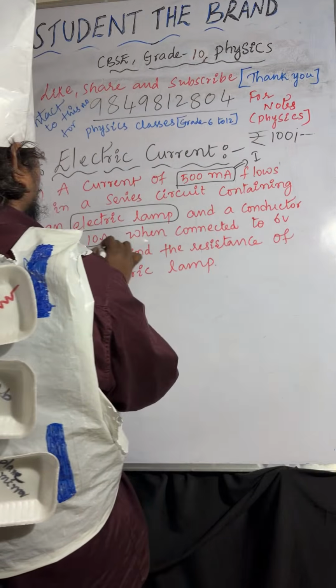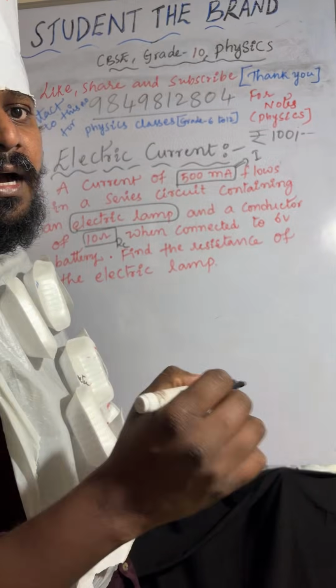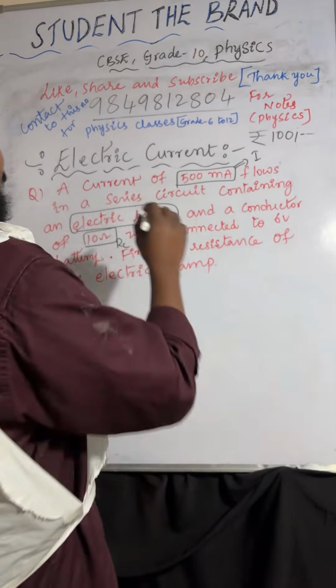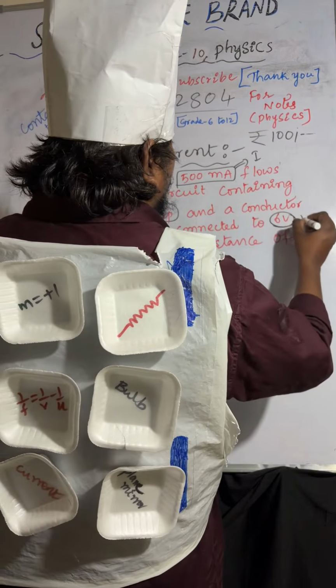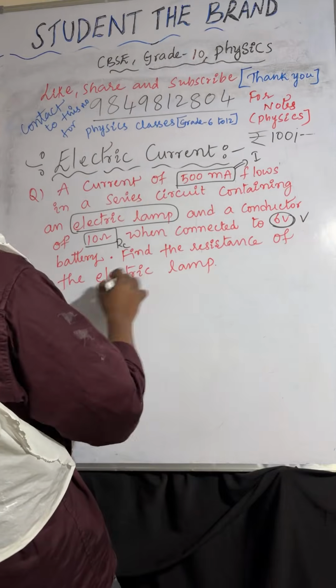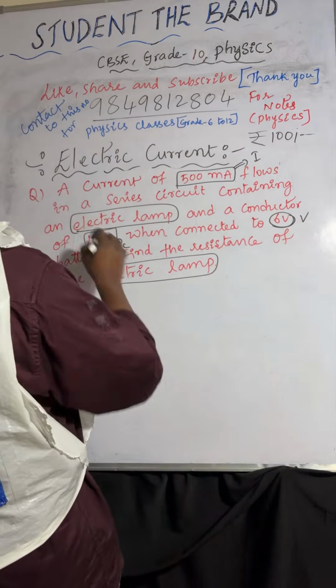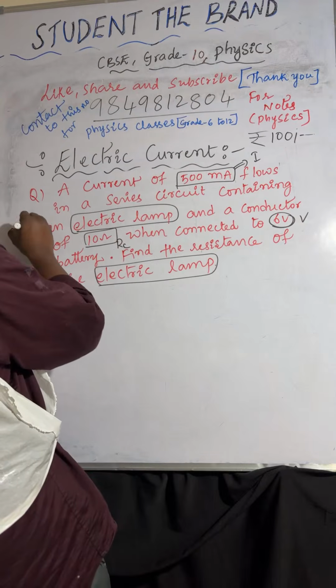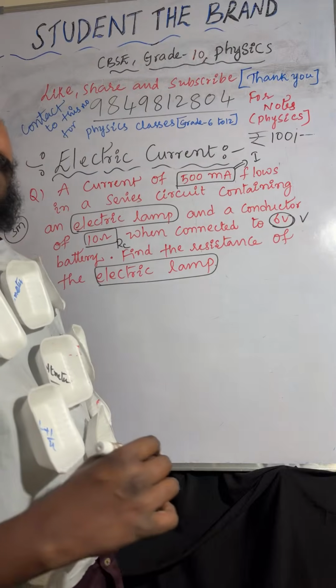So the conductor resistance RC is given, right? And this is the RL, connected to a 6 volts battery. What is its potential difference? Find the resistance of the electrical lamp. So I'm expecting this question for 3 marks. Just focus on it.